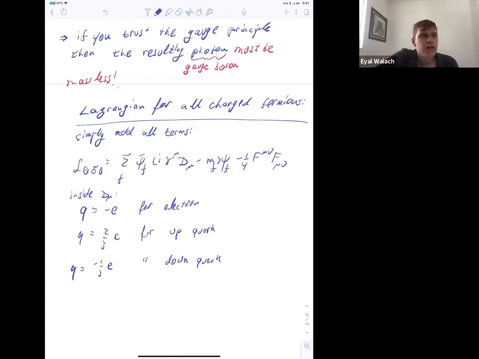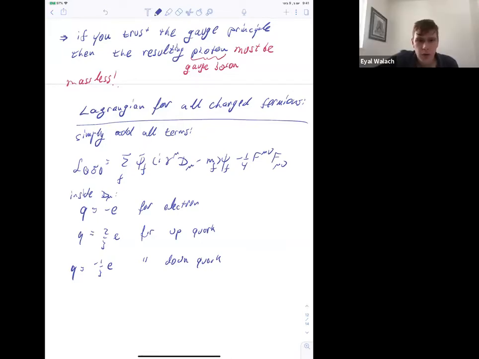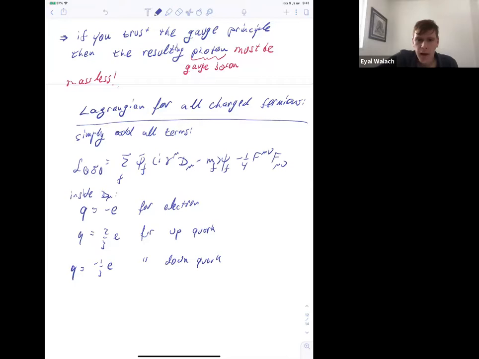Not the value of Q, that's clearly not, but for example, is there anything that tells you the up quark must have twice the charge of the down quark with opposite sign? Not within this framework, no. This is a free parameter of the model. So each charge is a free parameter of the model? Yes. You don't get it right away from here.